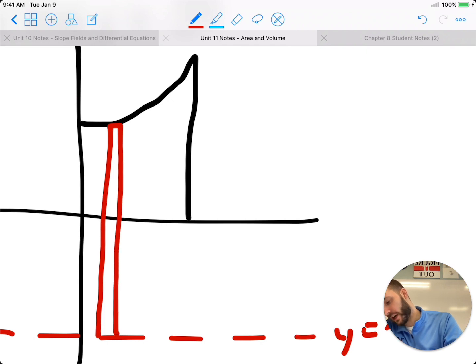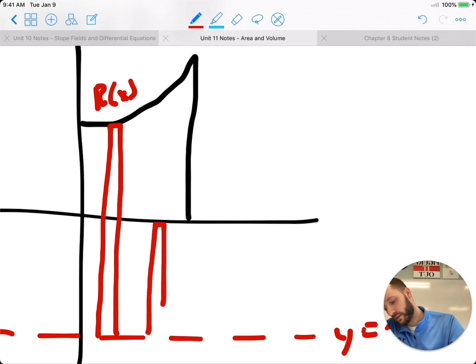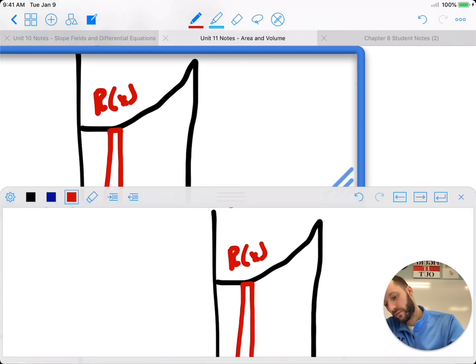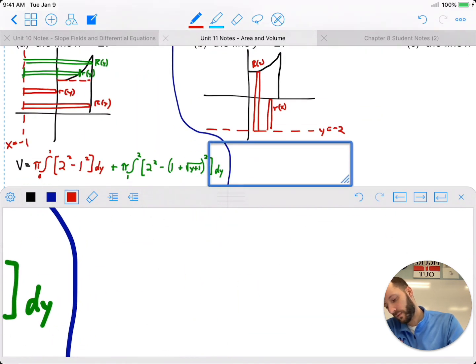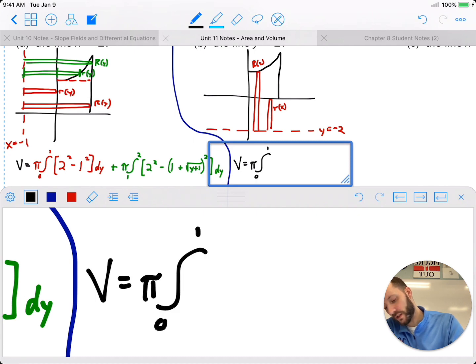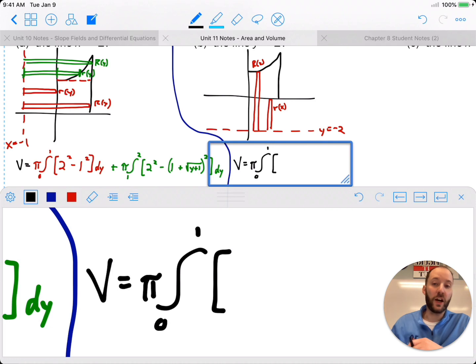So your big r of x and your little r of x. Zoom out a little, there we go. So to get your volume, that's pi from 0 to 1 of big R of x.